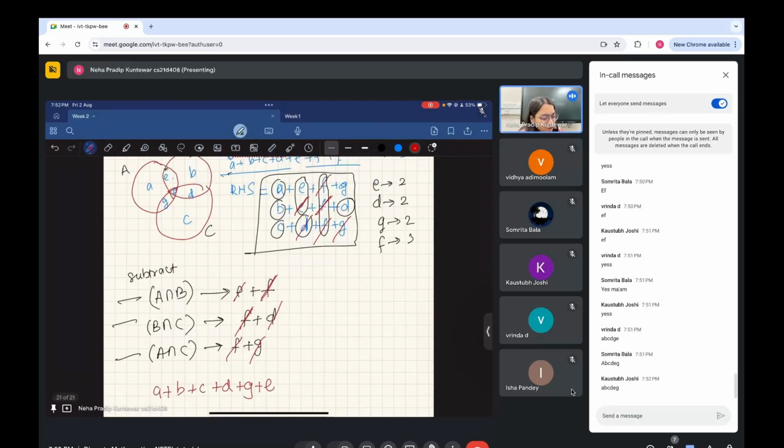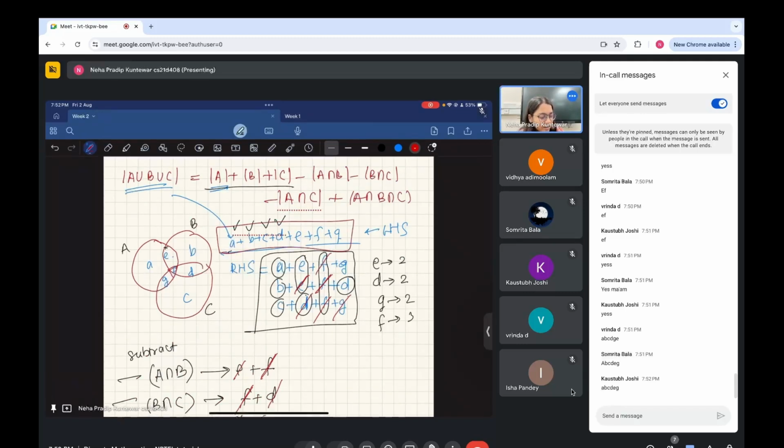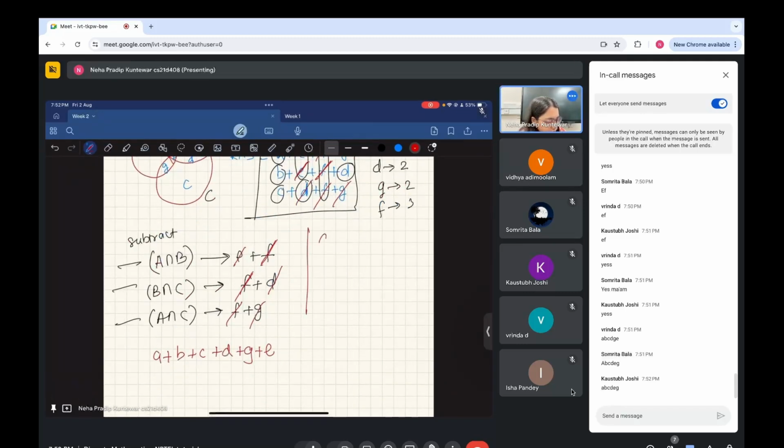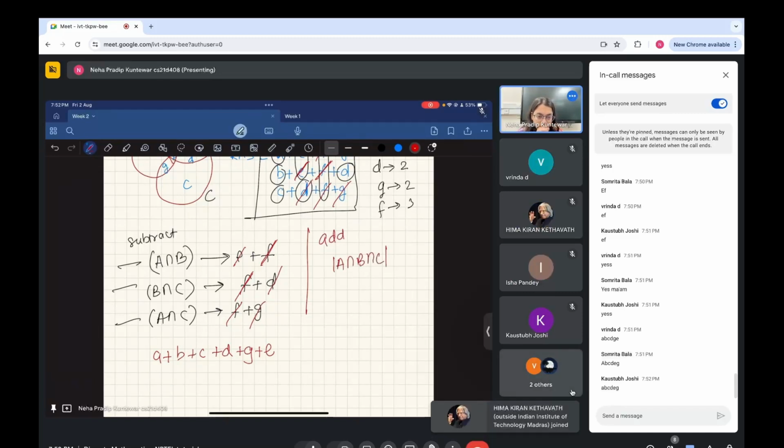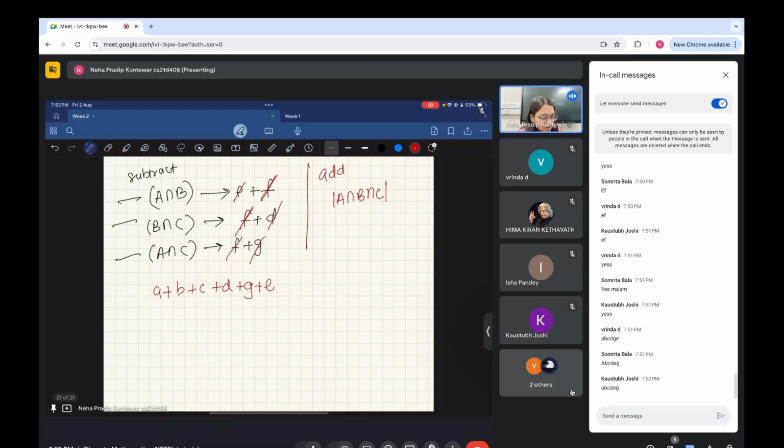So to account for it, I'll simply add A intersection B intersection C, which is nothing but F, to the set, so that I match the two expressions. So what we get is A union B union C is the sum of cardinalities of the individual sets, minus the cardinalities of two intersections and adding the cardinality of the intersection of three sets.